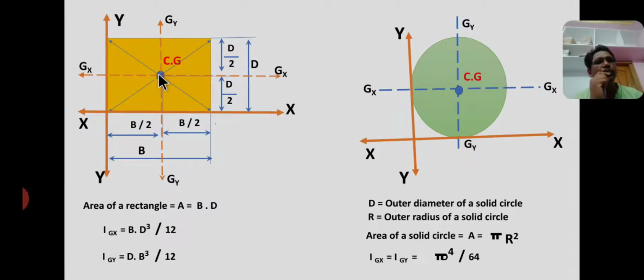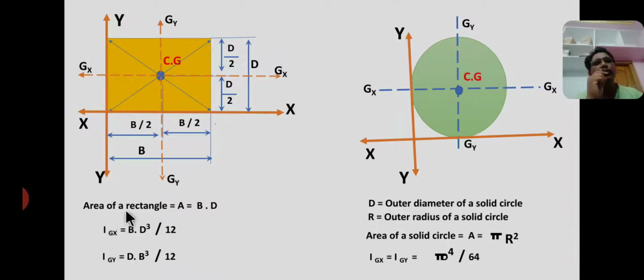Here x axis and y axis are called reference axes. Here x axis and gx axis are parallel to each other. Similarly y axis and gy axis are parallel to each other. Okay, so therefore for solving the area moment of inertia problems, we consider the parallel axis theorem.